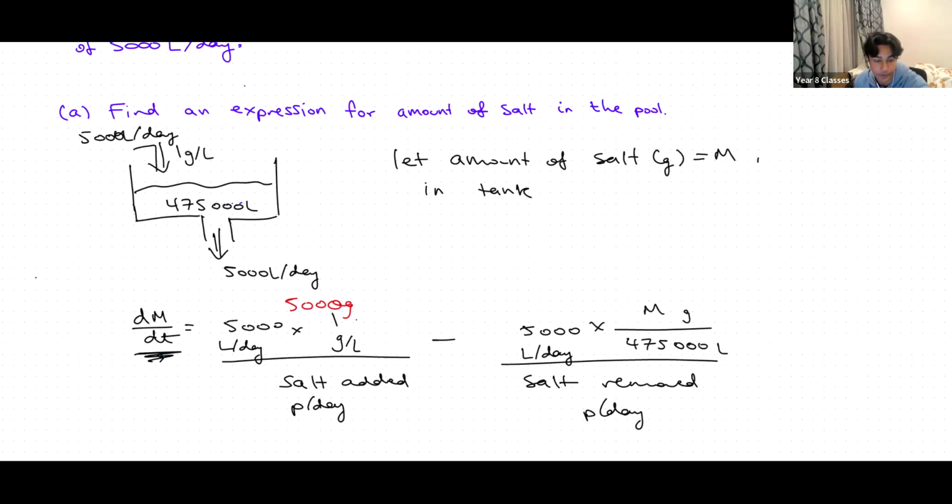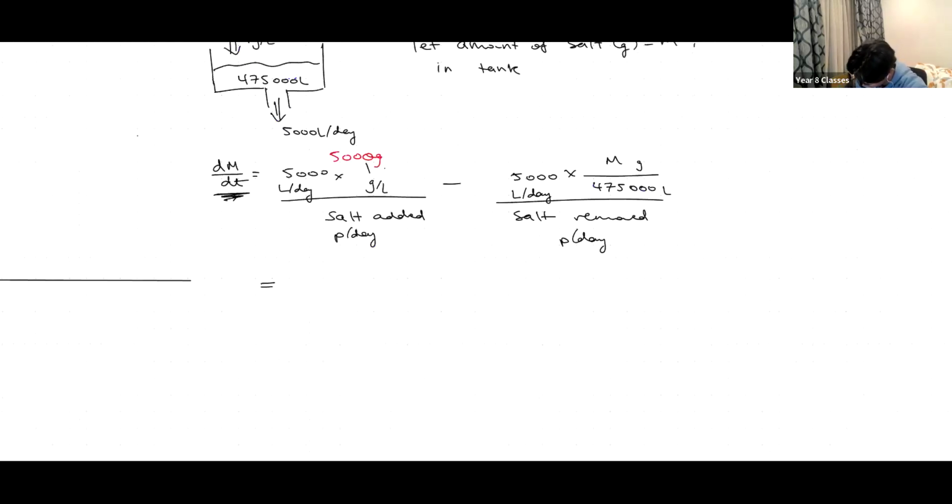Now if we simplify this down a bit, you're going to get dm/dt equals 5,000 minus 5,000 over 475,000, which is 1 on 95, so m on 95.